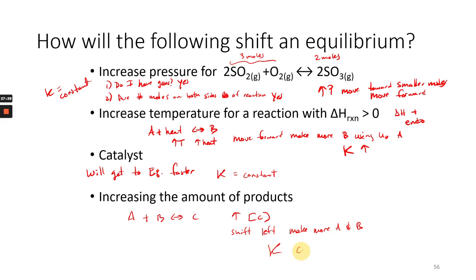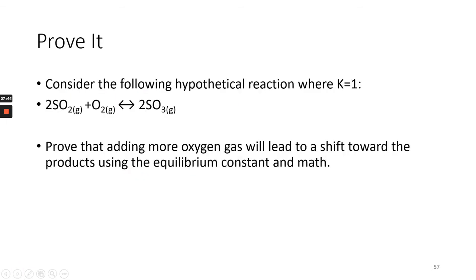And remember, K is still constant here, because the amount of more A and B that I'm making jives with the amount of C that is being used up. Because you're dividing them when you take the ratio, it kind of cancels each other out, and K remains constant. So let's prove it.